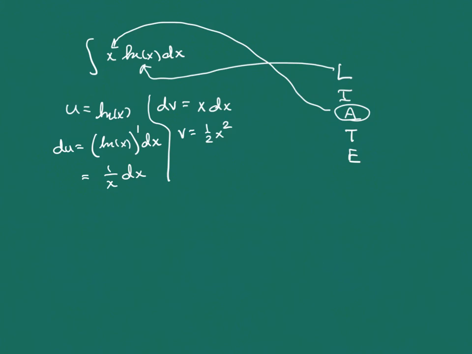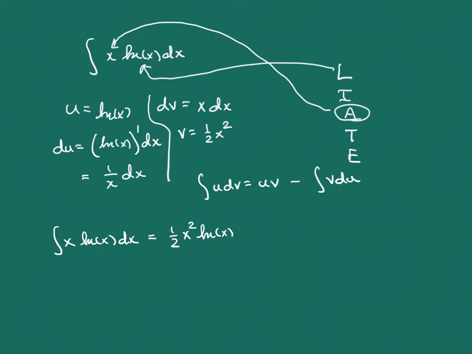And so if I go back to my integration by parts formula, my integral of u dv is going to be u times v minus the integral of v du. So what that gives me then for my integral of x natural log of x dx becomes u times v, so that becomes a 1/2 x squared natural log of x, minus the integral of v du.